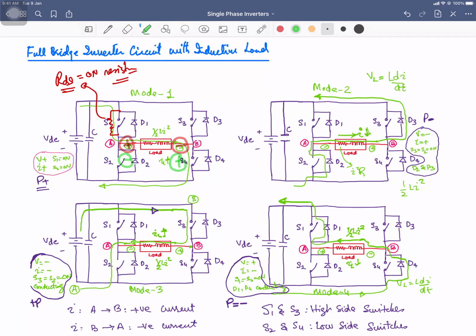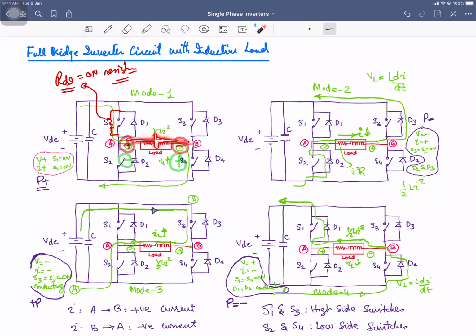And you can also say that you are going to turn on S3 and S2. So because of that, you can say this point is going to be connected with the positive terminal of your source, and from here it is connected with the negative terminals of the source. So that's why I'm going to say plus and minus. Okay, but the direction of the current through the inductor is this one in the first mode of operation.